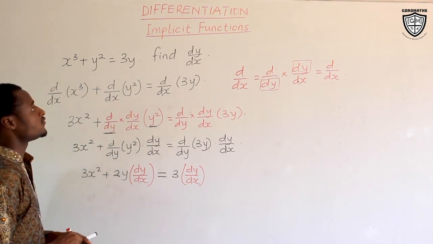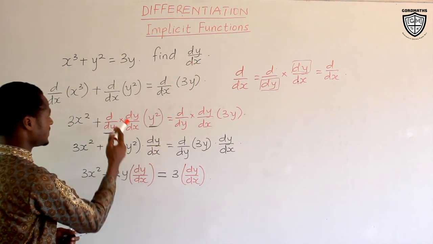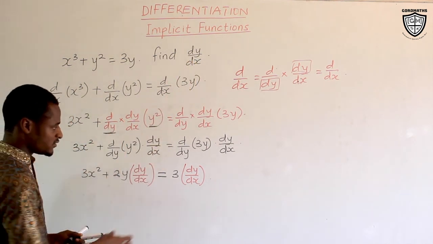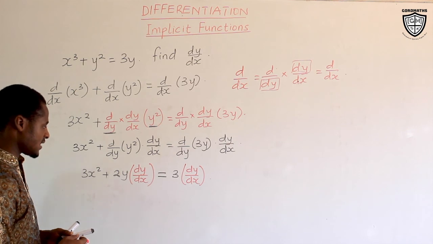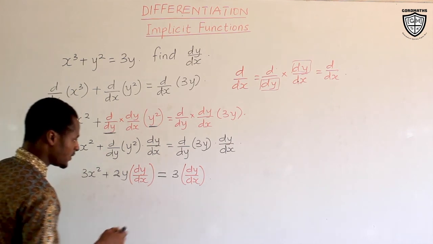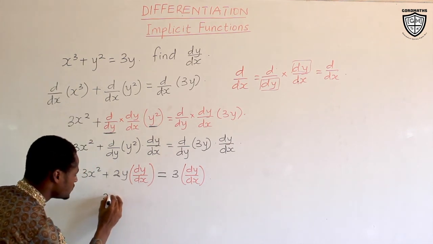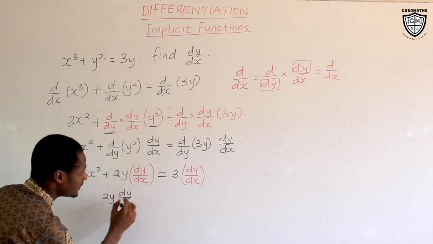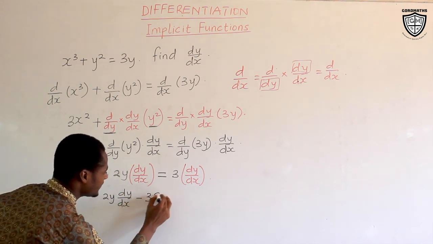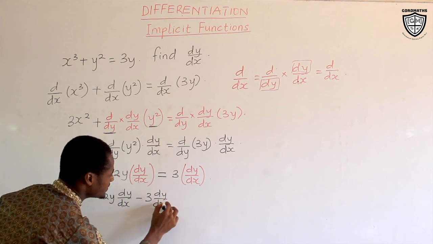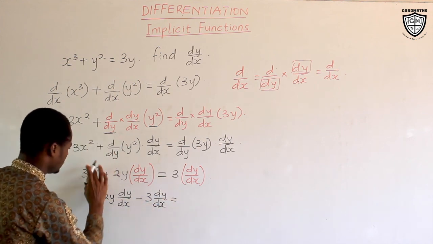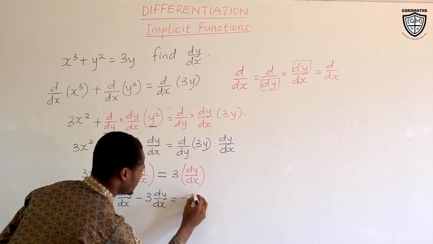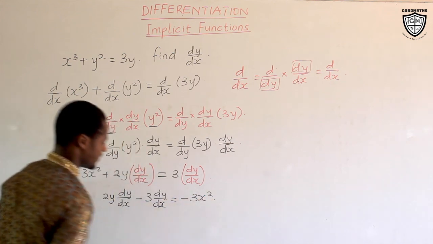Remember that we want to find dy dx, which is the derivative of the function. So we make dy dx the subject, where we will have 2y dy dx minus 3 dy dx is equal to, we send this across to have negative 3x squared.